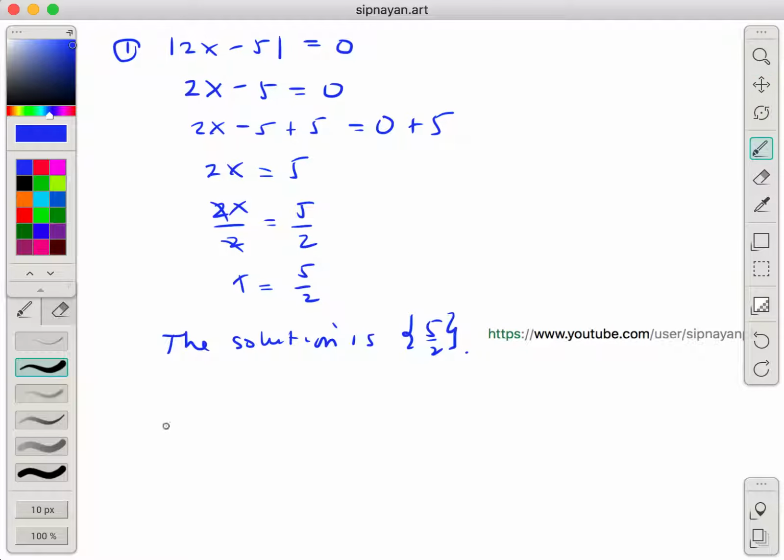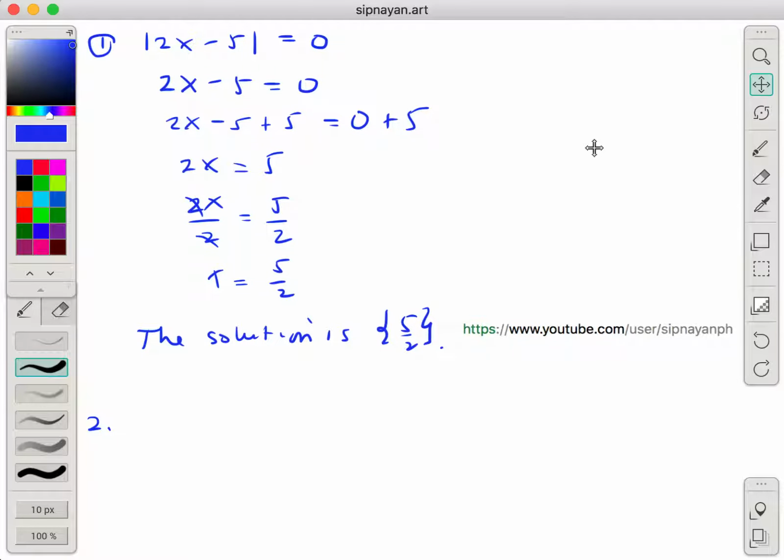For the second number, we have 4 times the absolute value of 2 minus 3x is equal to 0. If we divide both sides by 4, what happens? The 4 disappears, because 4 over 4 is equal to 1.